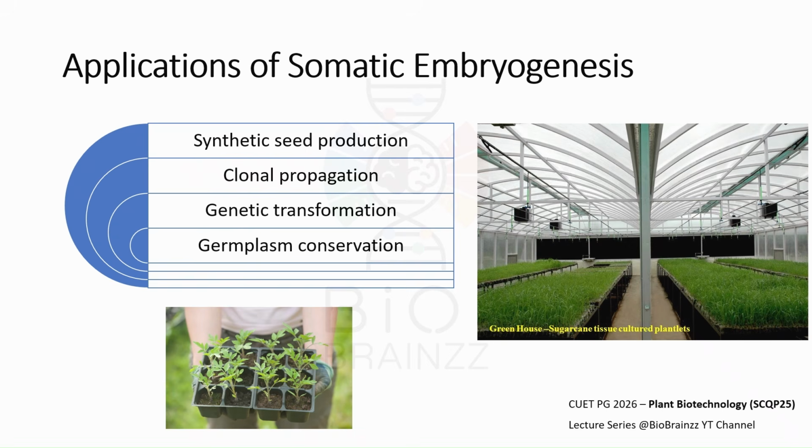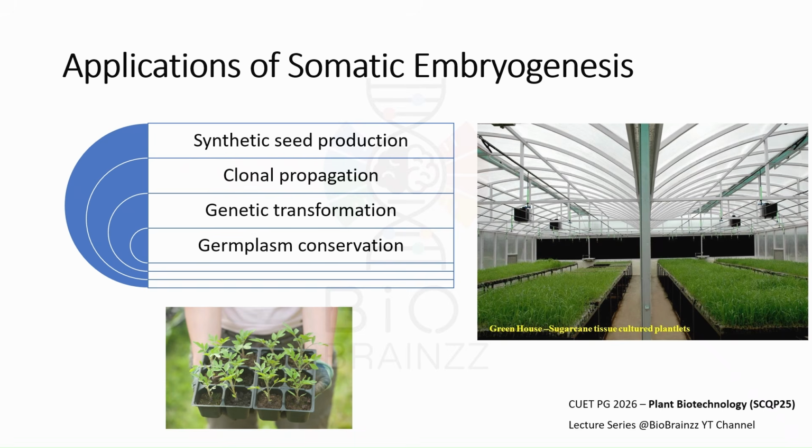Applications of somatic embryogenesis. Somatic embryogenesis has several important applications. It is used to produce synthetic seeds, where somatic embryos are encapsulated in a protective coating for storage and sowing. It supports clonal propagation of elite plants.